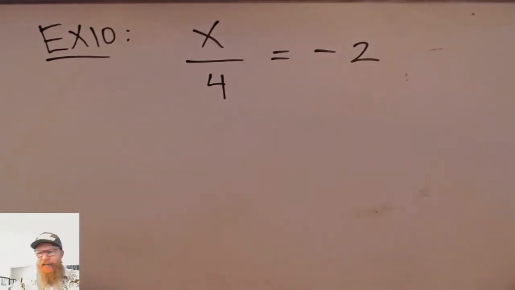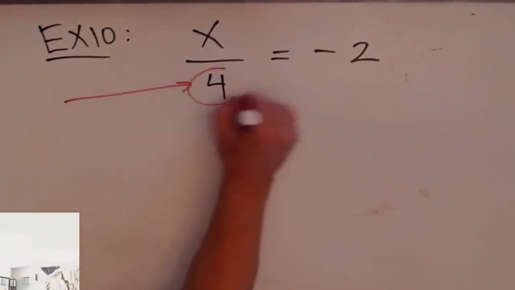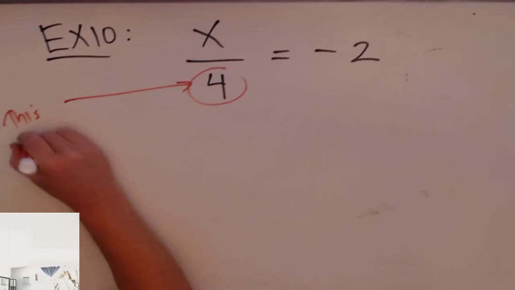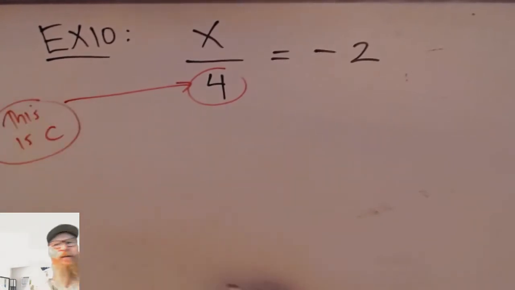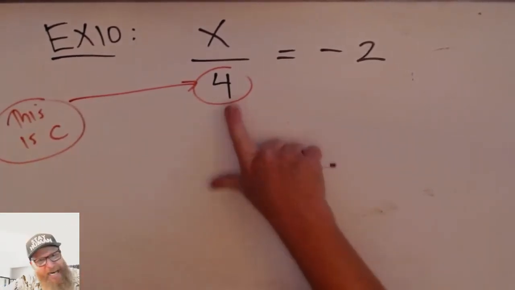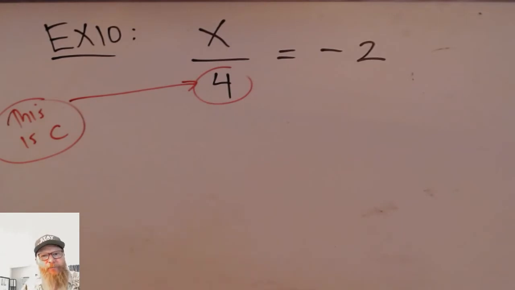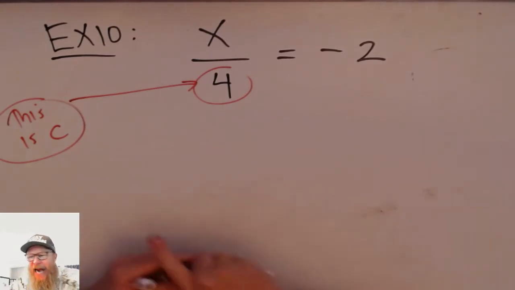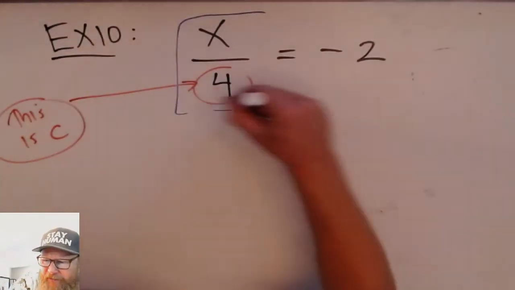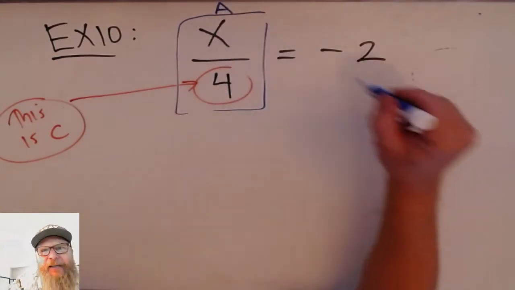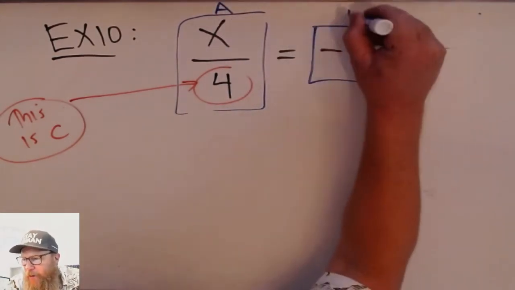So this is your C. If you prefer, you want to call it D, you certainly can. Divisor. Okay. I'm just calling it C for constant. What's A? A is the whole left-hand side. That's A. And B is the whole right-hand side.